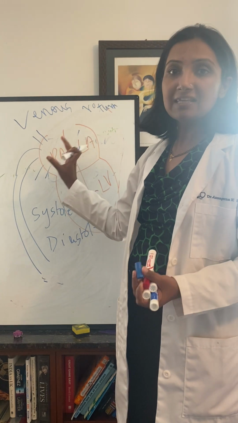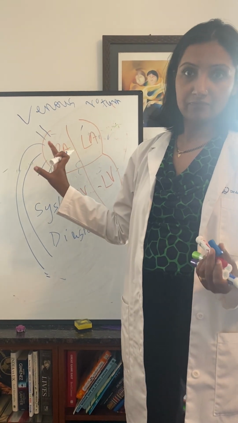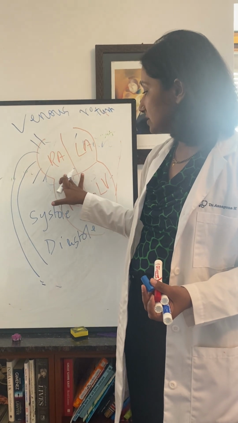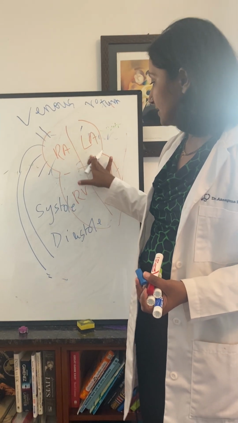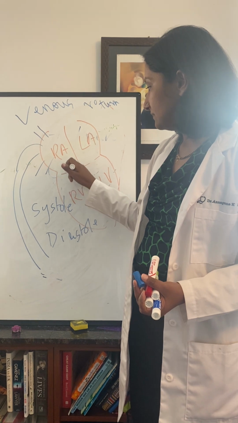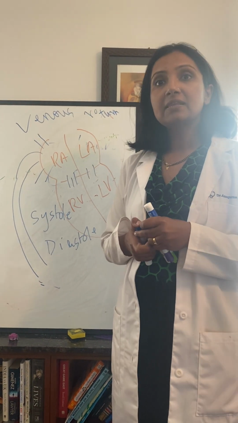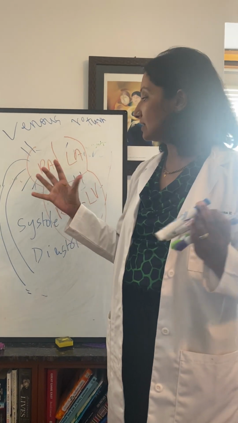So whenever the blood enters the atria, the atrioventricular valves mentioned in the last class, the tricuspid on the right and the bicuspid on the left, are also open. So what happens?